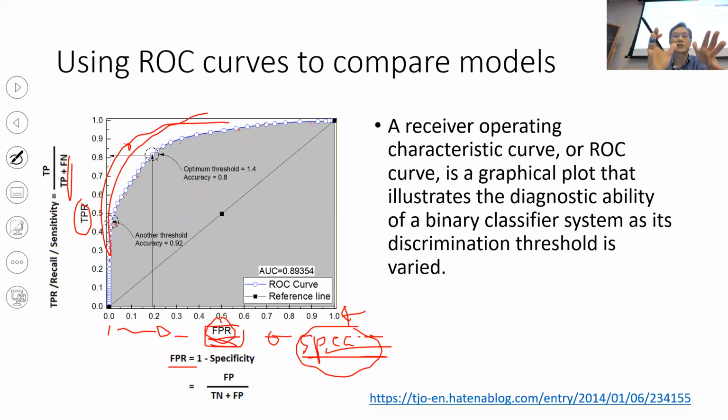The way to measure how far the curve is pushed to the upper left corner is to calculate the area under the curve. You want as large an area under the curve as possible. That means your curve is pushed up and left, indicating the classifier performs really well and is not so sensitive to the choice of parameter combinations.